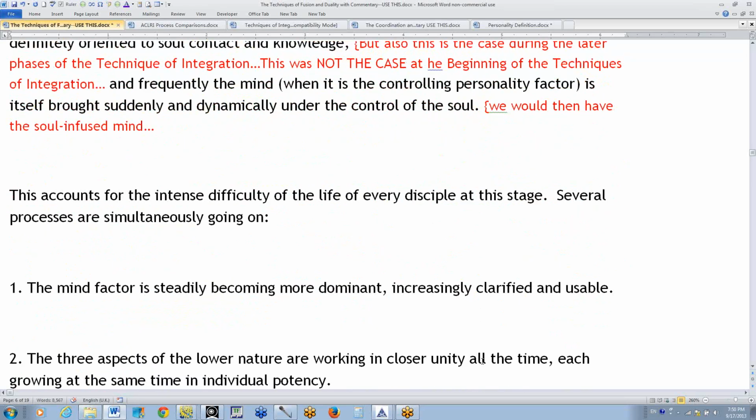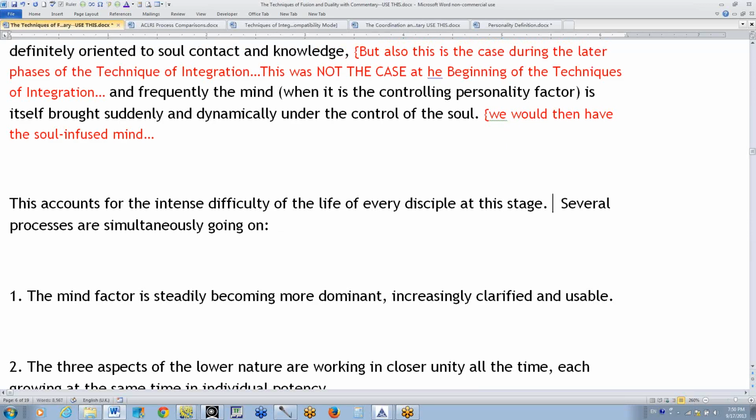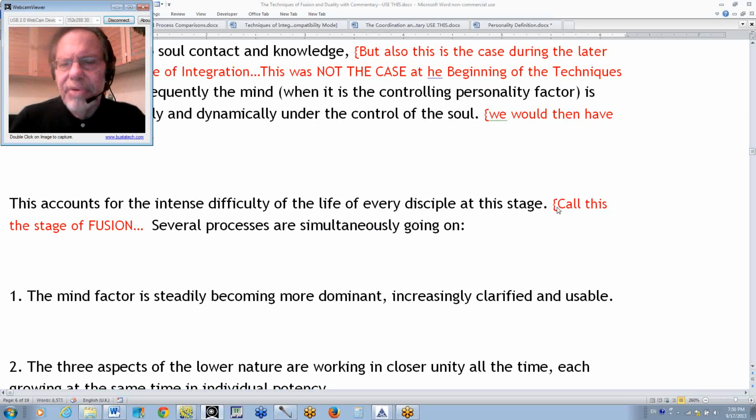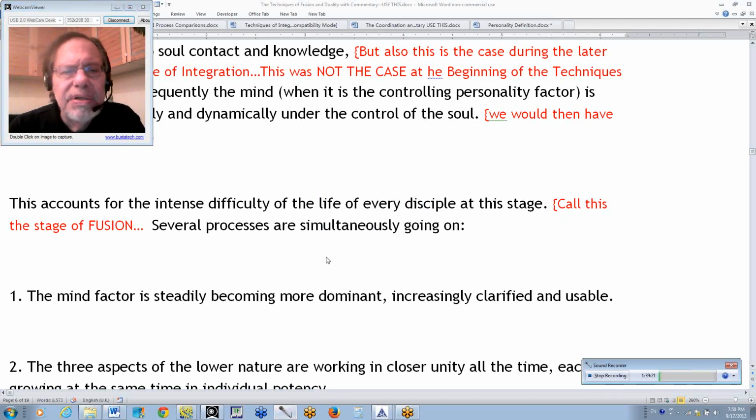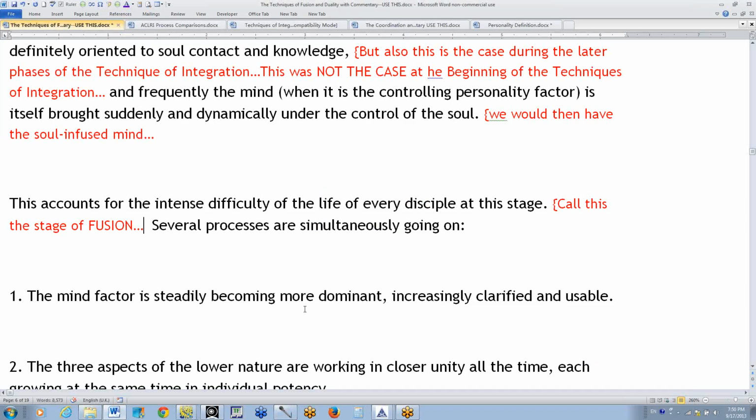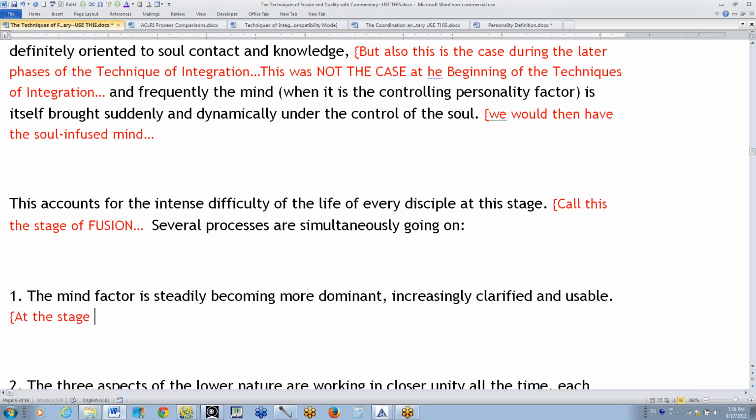This accounts for the intense difficulty of the life of every disciple at this stage. We would say, call this the stage of fusion. Several processes are simultaneously going on, and this can create cross currents when different processes are going on at the same time. The mind factor is steadily becoming more dominant, increasingly clarified and usable at the stage when the technique of fusion can be applied.